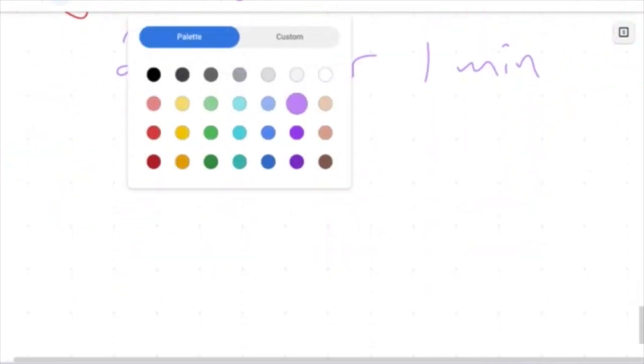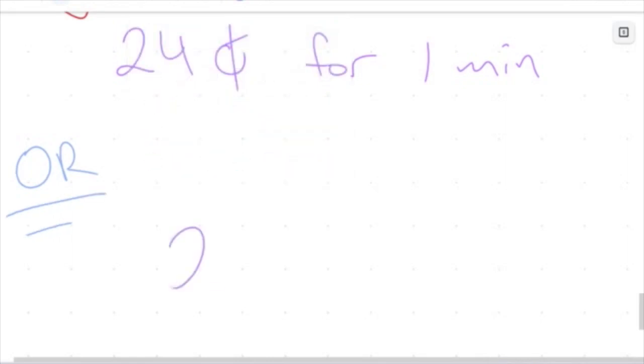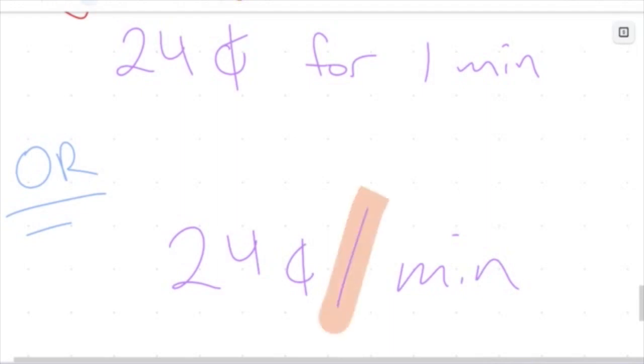So I can either write this like this, or I can write it as 24 cents per minute. If you remember our rates, we can express with this little slash, and this is essentially saying that we make 24 cents per minute, or 24 cents for each minute.